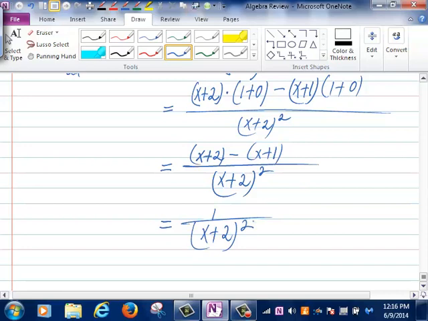So that's the derivative in this case. Does everyone see how the quotient rule is applied? Everybody's okay with that?